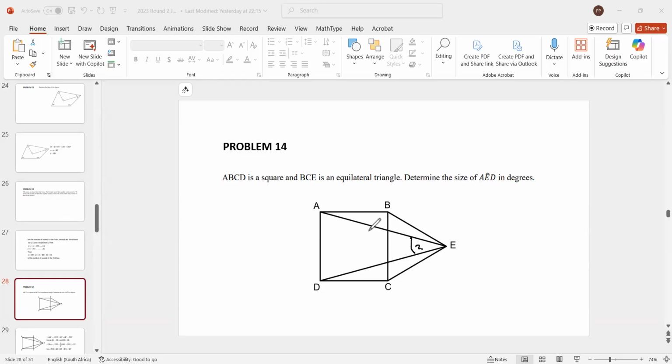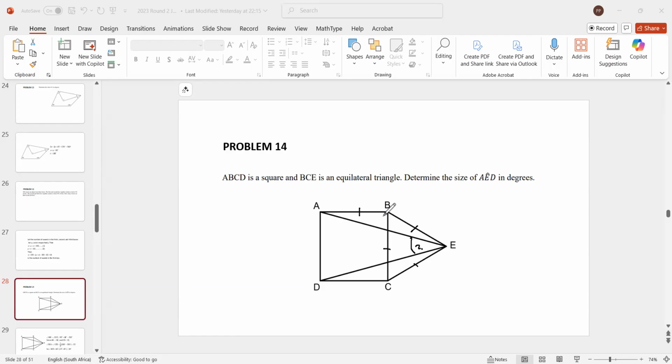Okay, let's just use this information to see what we can do here. You see, I'd like to see that AB is a side of the square, and that is equal to BC. But BC is equal to all the sides of the equilateral triangle, which means that you've got an isosceles triangle here, angle ABE.